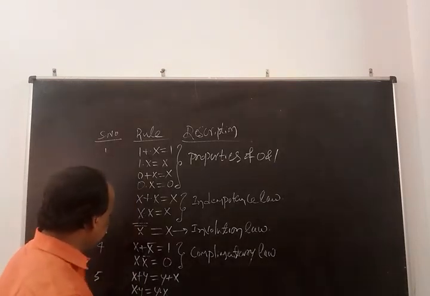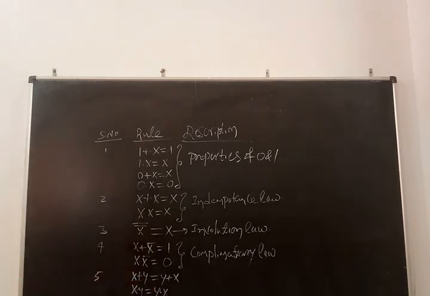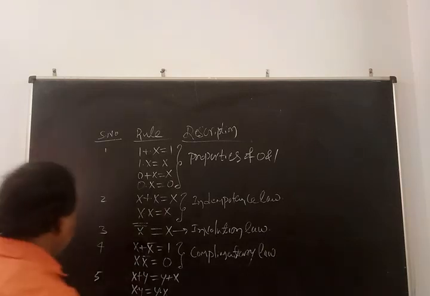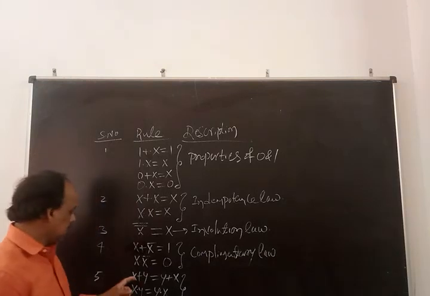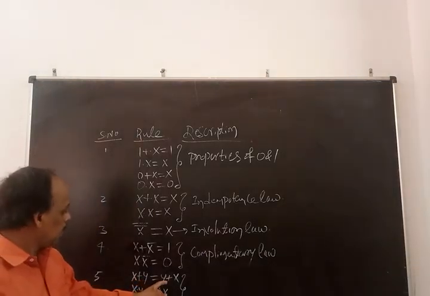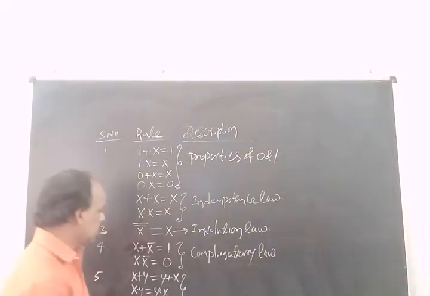In the commutative law, we have two types: x plus y is equal to y plus x, and x into y is equal to y into x.